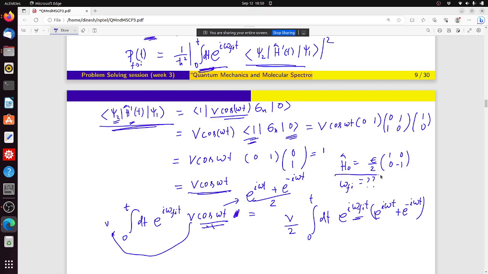I have given you this unperturbed Hamiltonian. From this, can you give me omega fi? I am asking about omega fi only. It is the energy difference. I have given you a Hamiltonian, and you have to find the energy difference.